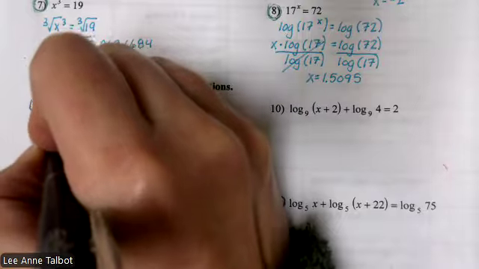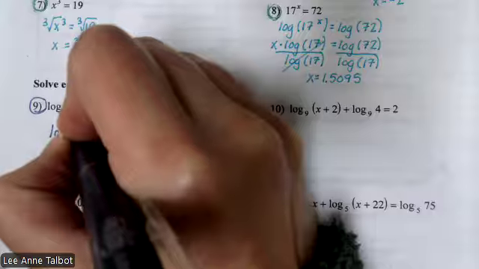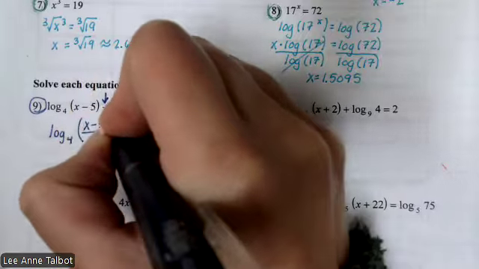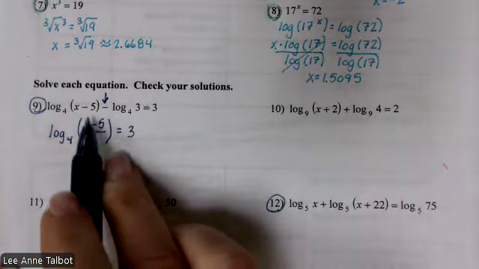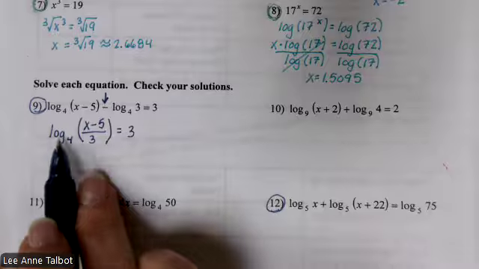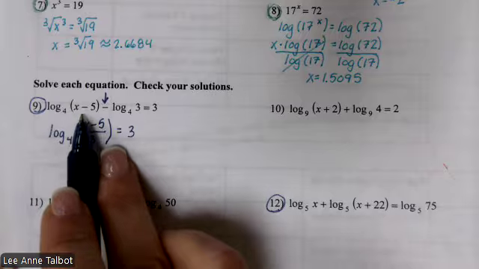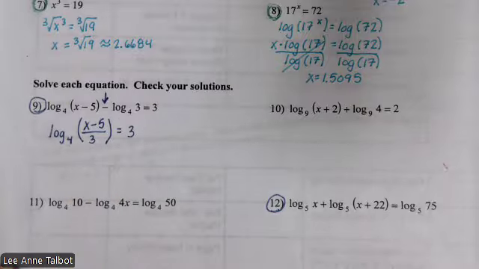So that's why we learned about the condensing. So I condensed these two logs into one log, and because it's subtraction, I divided them. The first thing on top, the second thing on the bottom. Do you see where all the stuff went?